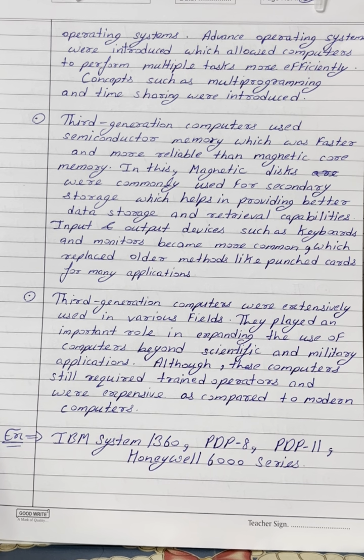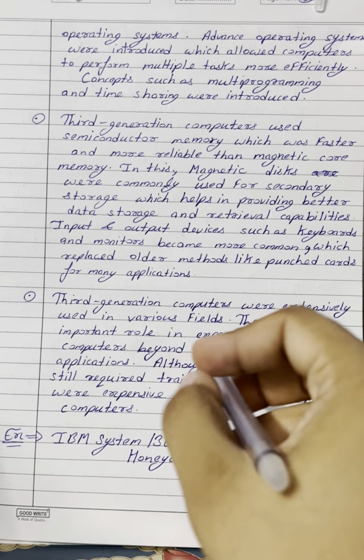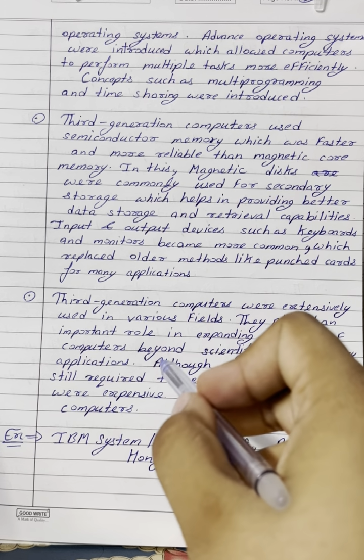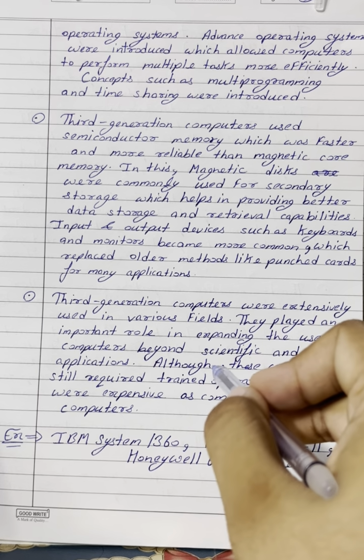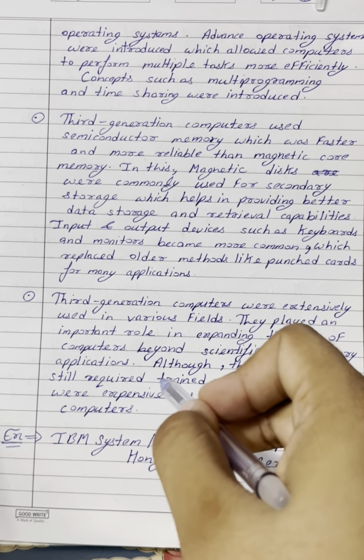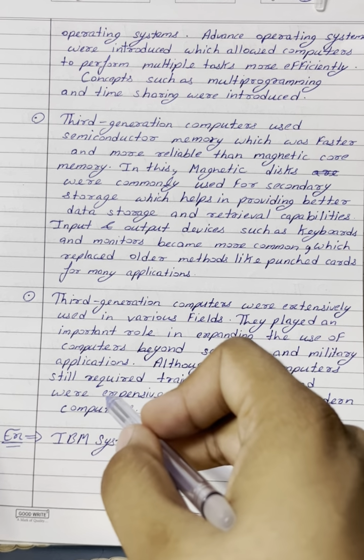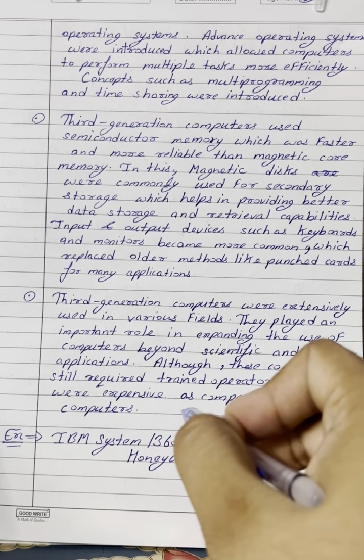And we can say that, guys, third generation computers were extensively used in various fields. They played an important role in expanding the use of computers beyond scientific and military applications. Although these computers still required trained operators and were expensive compared to modern computers.